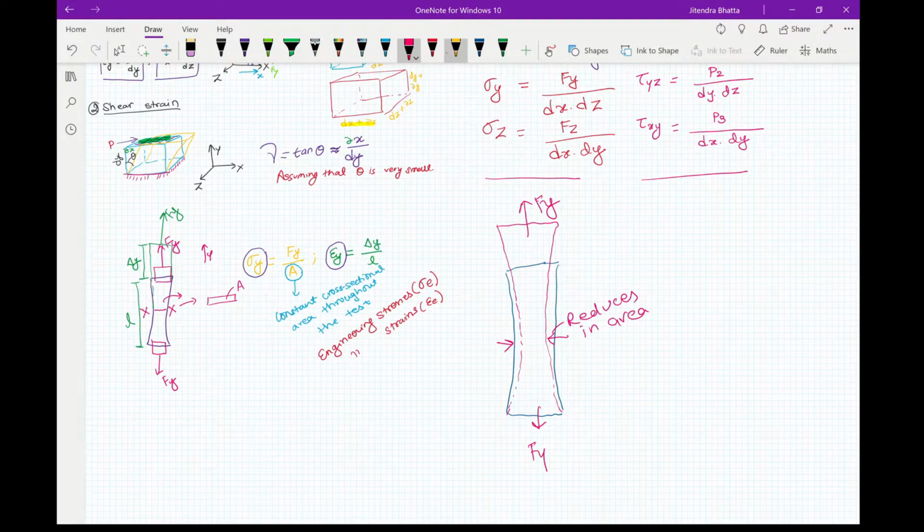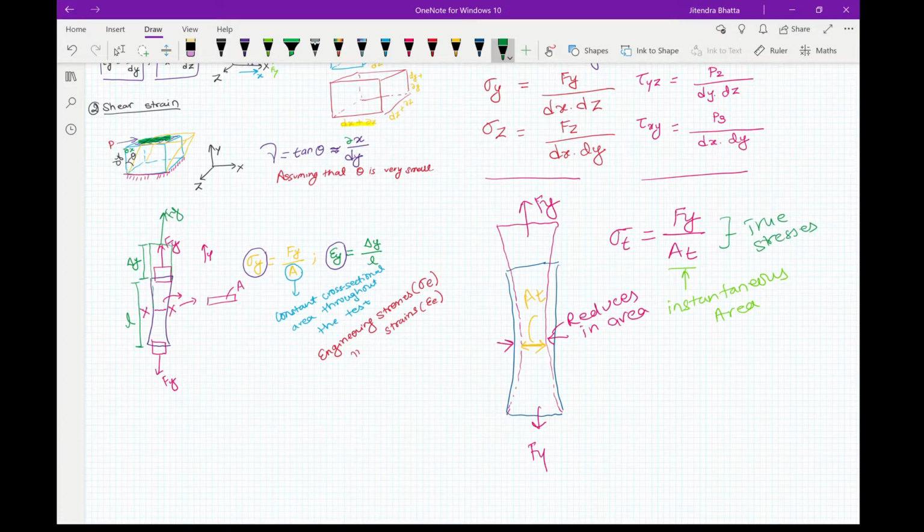Let's say the new area here is denoted by AT. Then the stresses obtained by dividing force by AT, which is the instantaneous area, that means you keep measuring the area every time throughout your test and then divide your force by that area here, such types of stresses are known as true stresses.